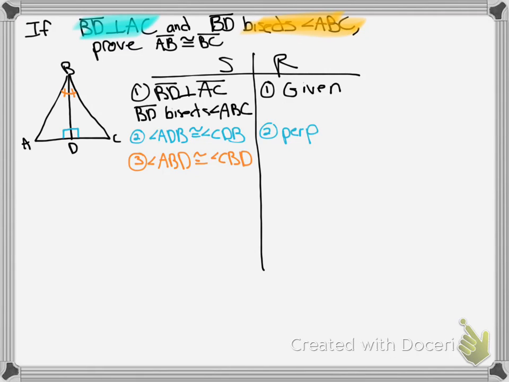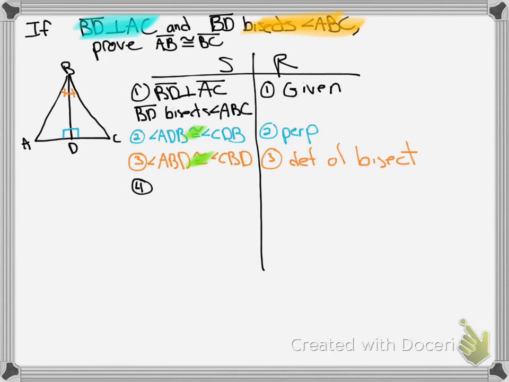The reason they gave me in the given is bisect, definition of bisect. That's all the givens. Now I just have to look at the problem itself. Because notice I only have 2 congruent symbols right now. 1, 2, so I'm not ready to finish yet.